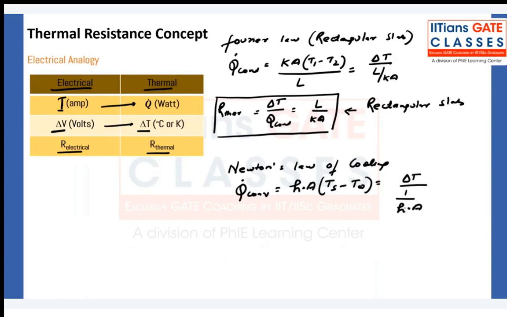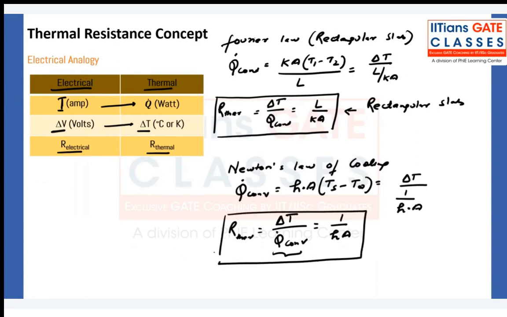Yes. And what is this? This is thermal resistance for convection. Is it clear? Unit will remain the same. The resistance unit will be Kelvin per watt. So it is clear.